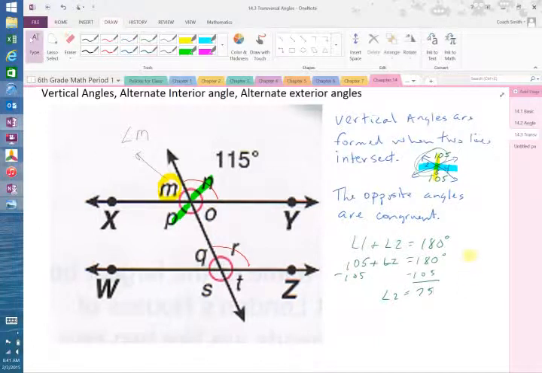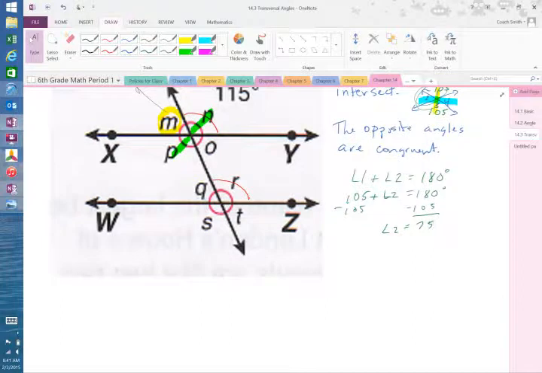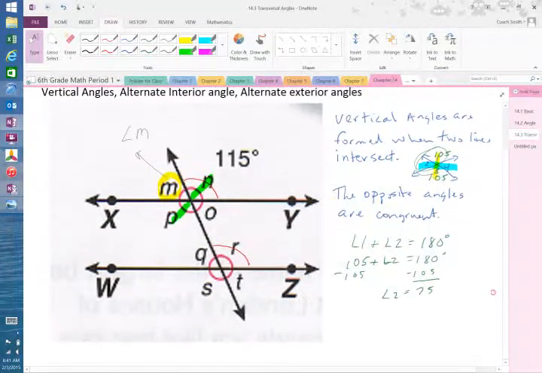All right, now let's look at alternate interior angles. I'm not going to give you a per se definition because it's hard to put in words. The book does give you a semblance of a definition, but I want to show you on the graph what they are.